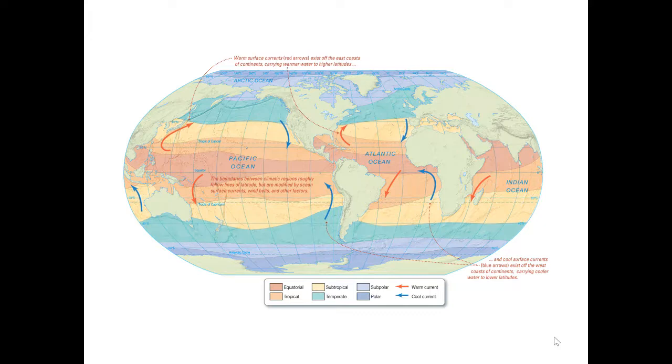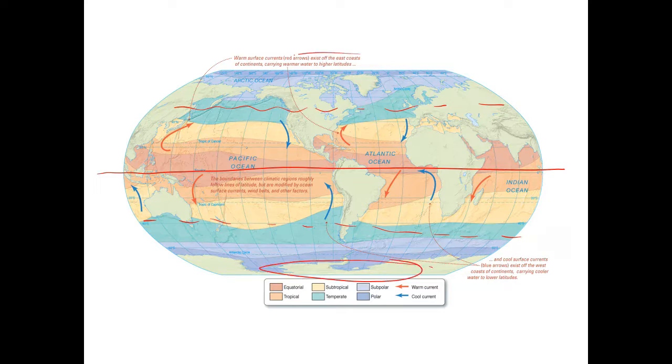Okay. You want to remember, we've seen this figure multiple times, we have three temperature-based patterns: tropical, temperate, and polar. So we have cold water and air, warm water and air, and middle or temperate water and air.